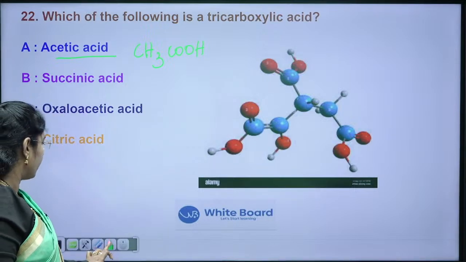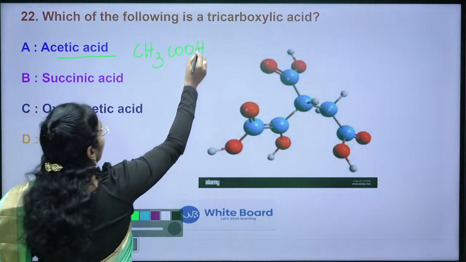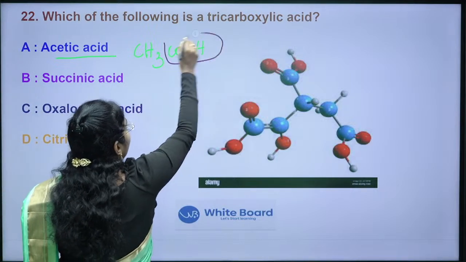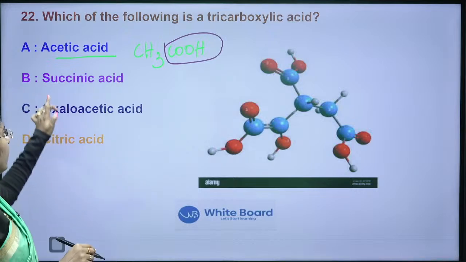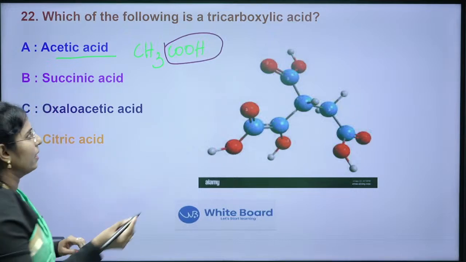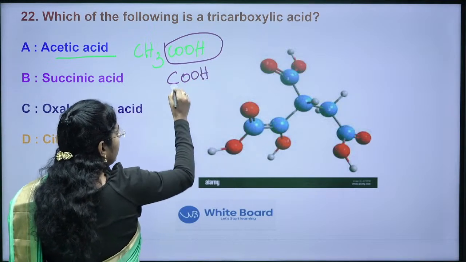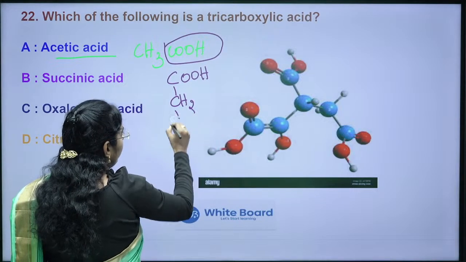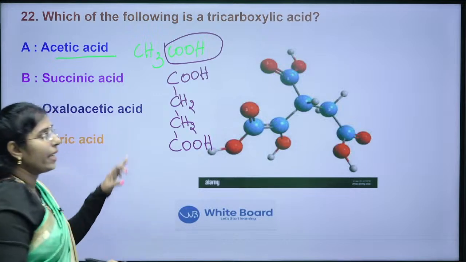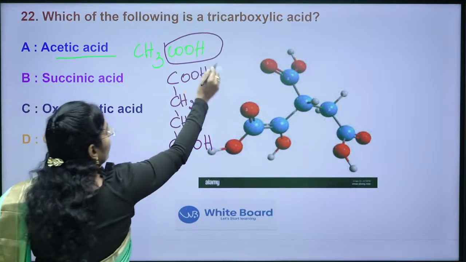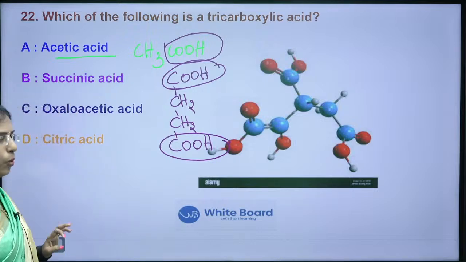It is a monocarboxylic acid, having only one COOH group. The second option is succinic acid, whose structure is COOH, CH2, CH2, COOH. So, it is a dicarboxylic acid, as two COOH groups are there.